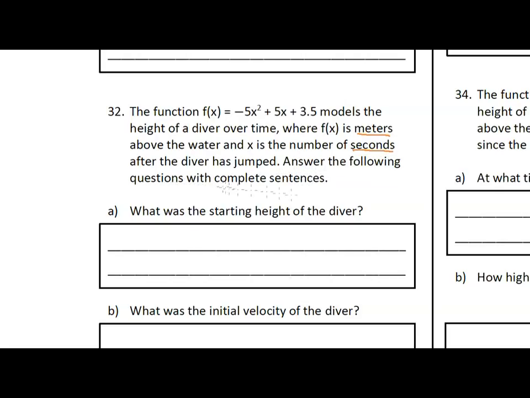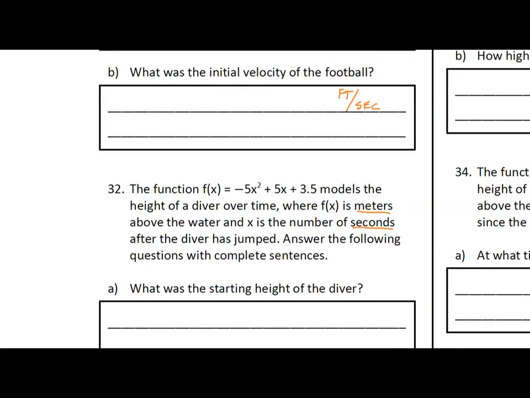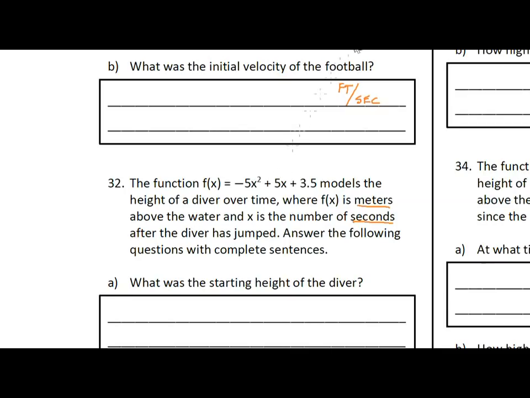Answer the following questions with complete sentences. What was the starting height, and what was the initial velocity? Well, we know again, our starting height is right here. That is h sub 0, or the height at time 0. This is our initial velocity.